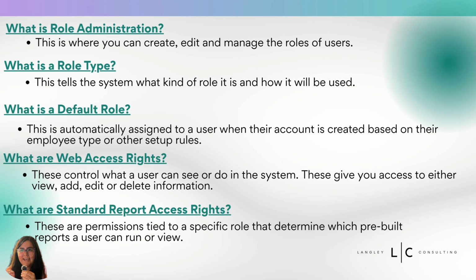Okay, now that we're on the same page about that, when you go in to create a new role, you are prompted with this first page that's called role type. And this tells the system what buckets of information you want this role to have access to. And I'll point it out when I go through the example. But you want to think about this as like different roles within the organization.